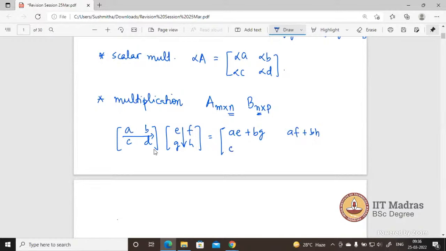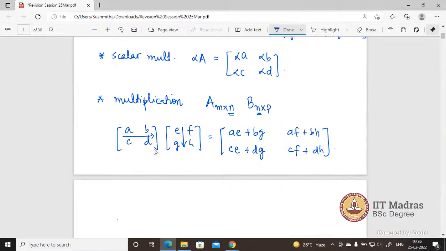Then CE plus DG. Then CF plus DH. So this is how you did matrix multiplication. What we had predominantly seen was 2 cross 2 matrices, of orders 2 and 3 mostly. We hadn't seen big matrices. That's it.